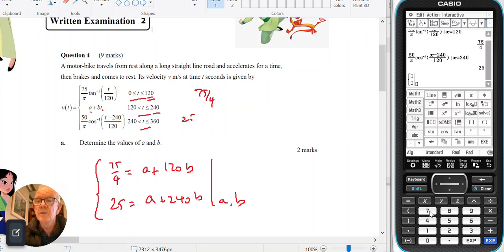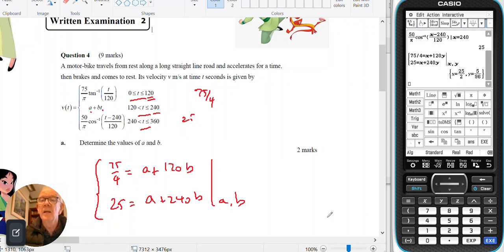I've got 75 divided by 4 equals, I'm going to use x for A, x plus 120y, and 25 equals x plus 240y. Solve for x and y, and I get A equals 25 on 2 and B equals 5 on 96. Beautiful.